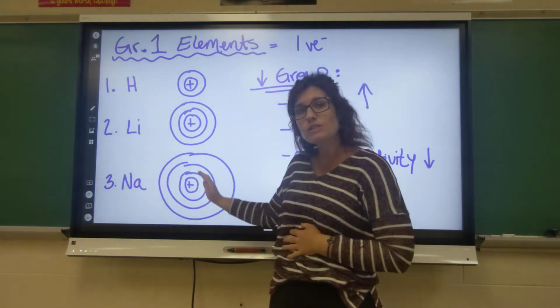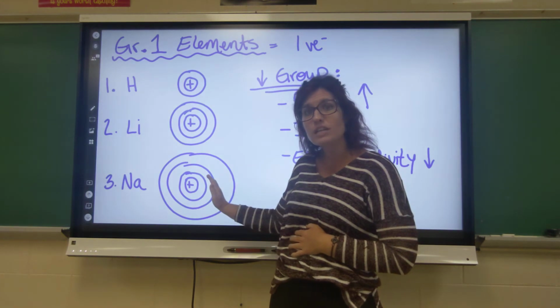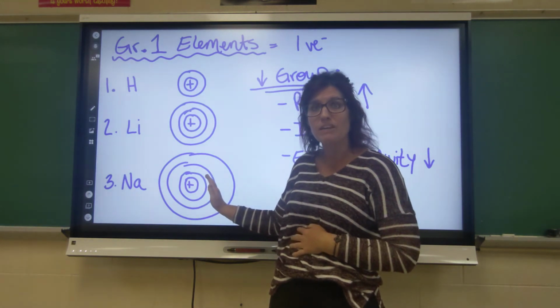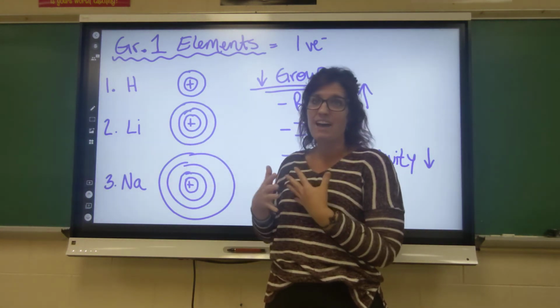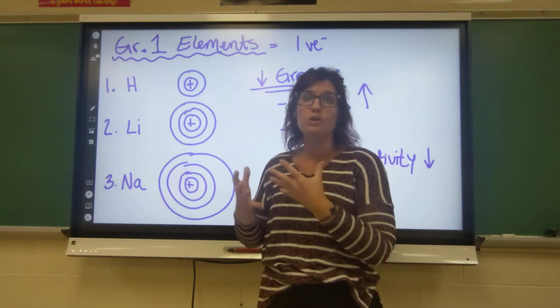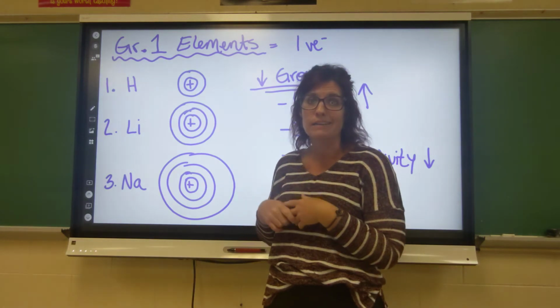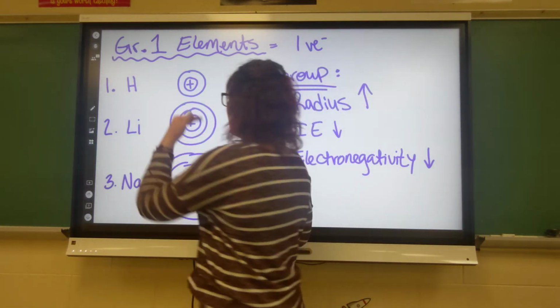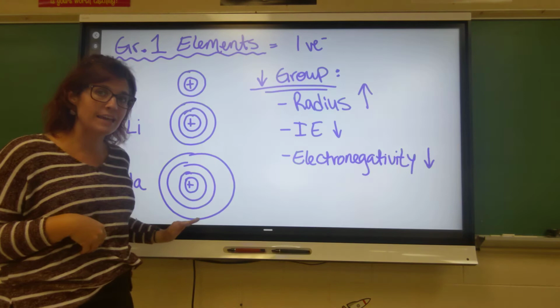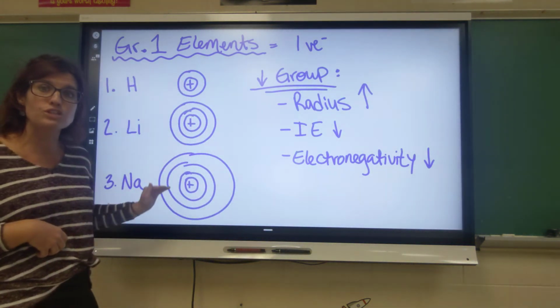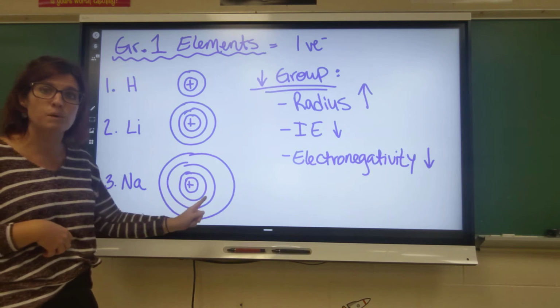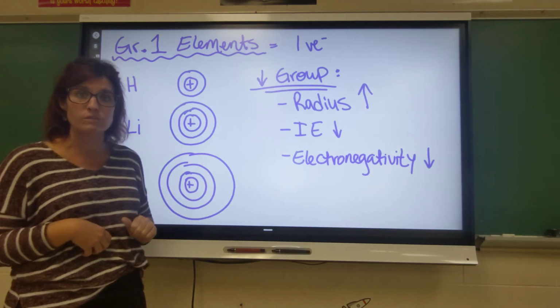Those energy levels filled with electrons shield the nuclear charge from being felt, and therefore it doesn't have a very strong nuclear charge or attraction toward outside electrons. So as you go down a group on the periodic table, electronegativity decreases because the nuclear charge is decreasing due to more energy levels being filled.